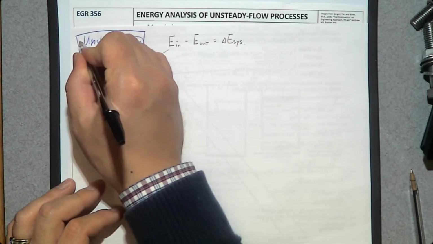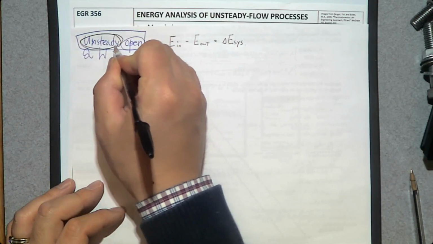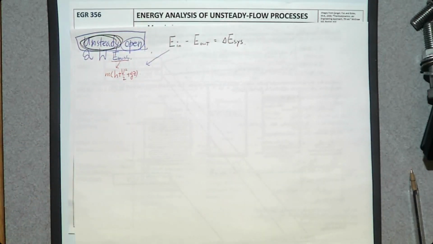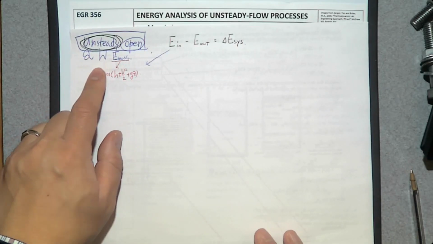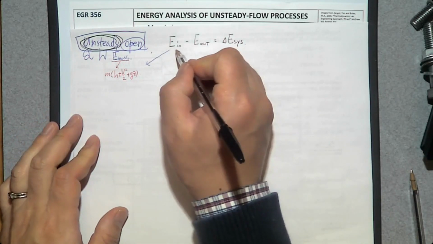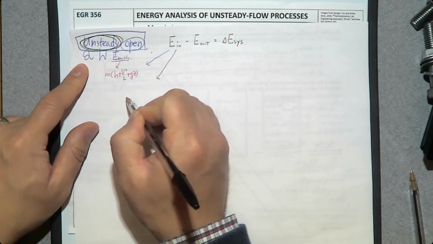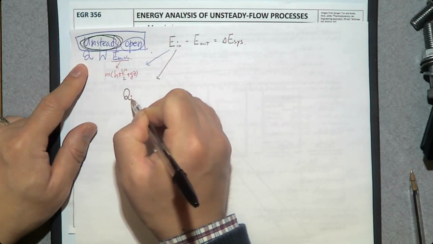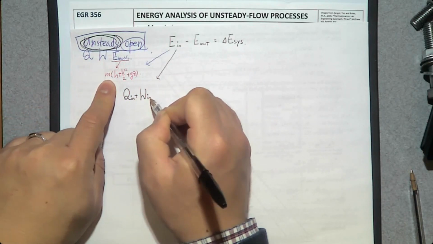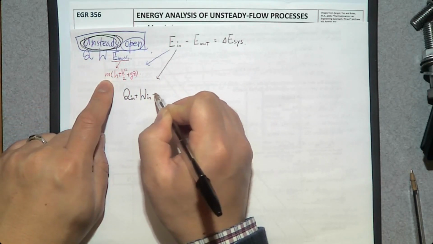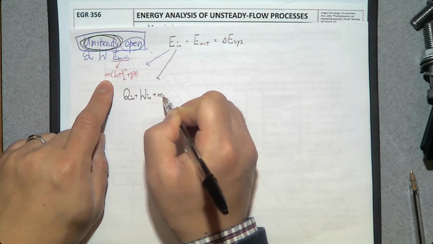Now, it is an unsteady flow process, so we are not going to use rate form. There is no Q dot, no W dot, it's just Q and W. So energy transfer in, we can think of Q in plus W in, and the mass transfer that goes into the system, plus m in.